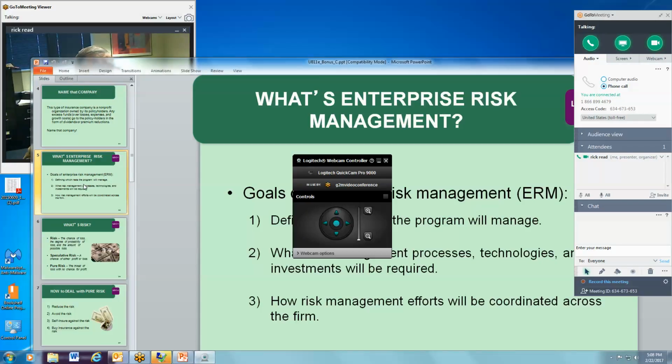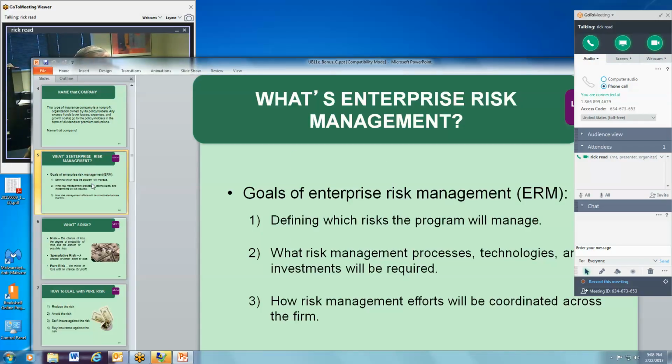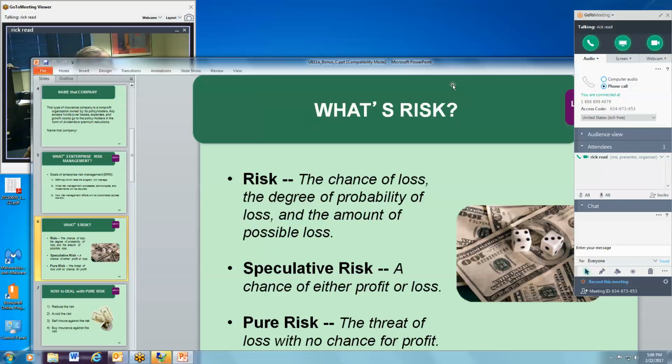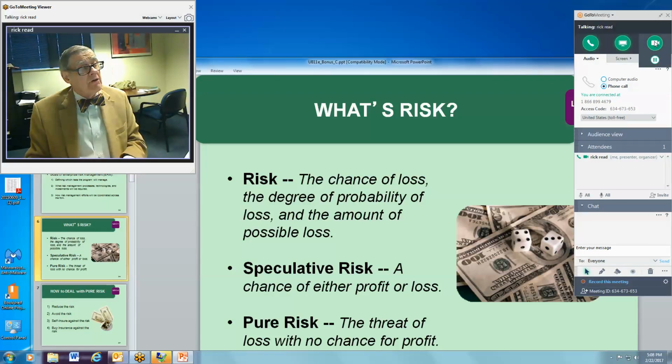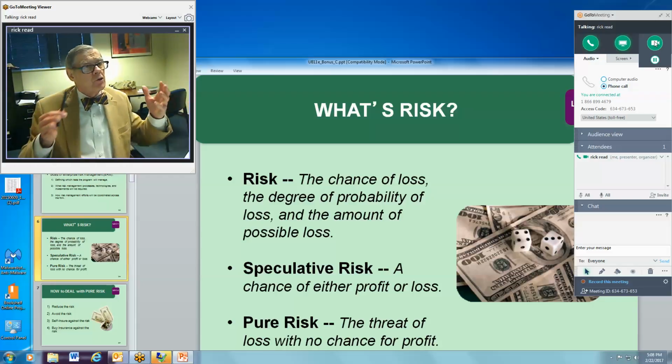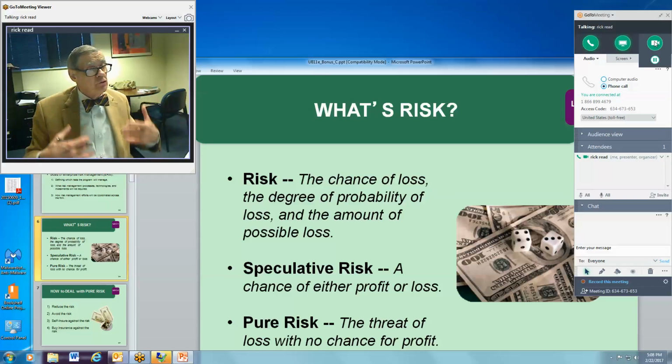I actually skipped the first slide. So what's risk? Risk means you have an opportunity to lose something. And notice it talks about the degree of probability and the amount that you might lose.